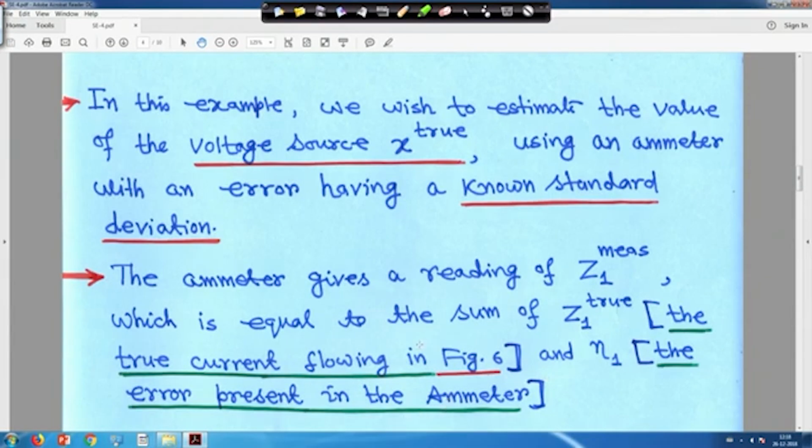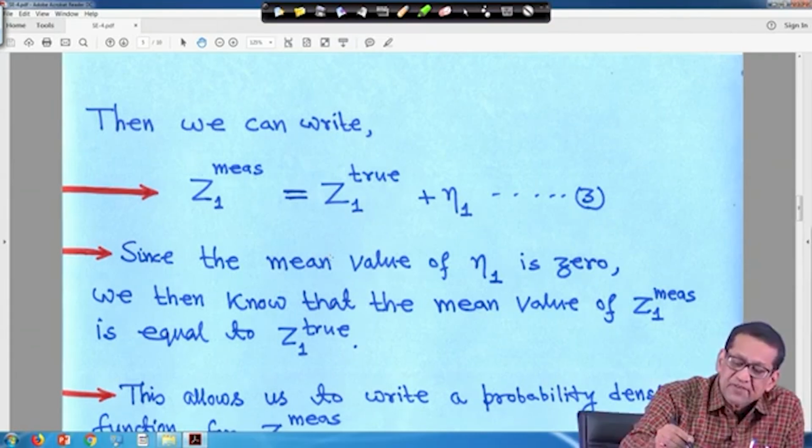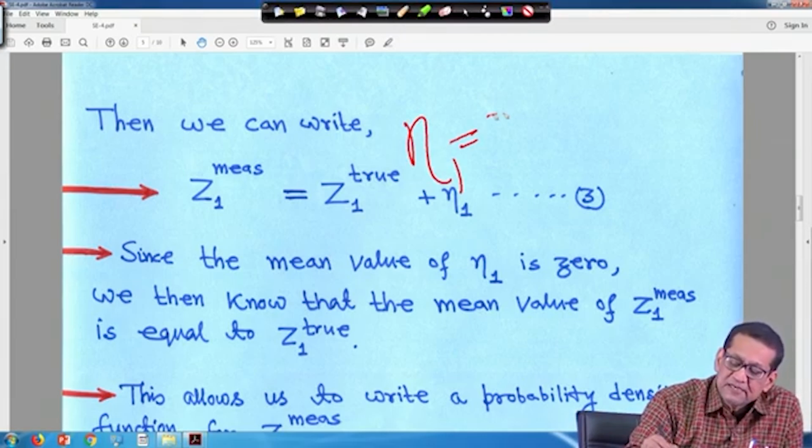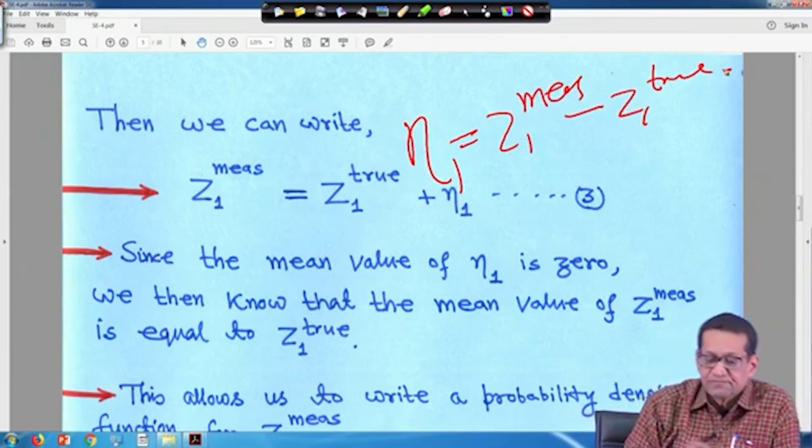We have seen that Z measure is equal to Z true plus zeta, so here Z1 measure is equal to Z1 true plus zeta 1. This is equation 3. Therefore, zeta 1 is equal to Z1 measure minus Z1 true, right.